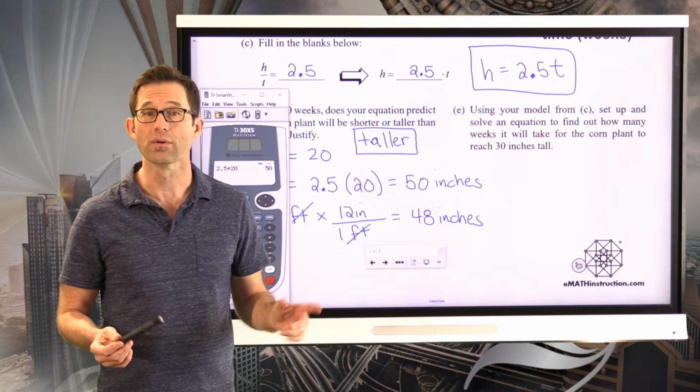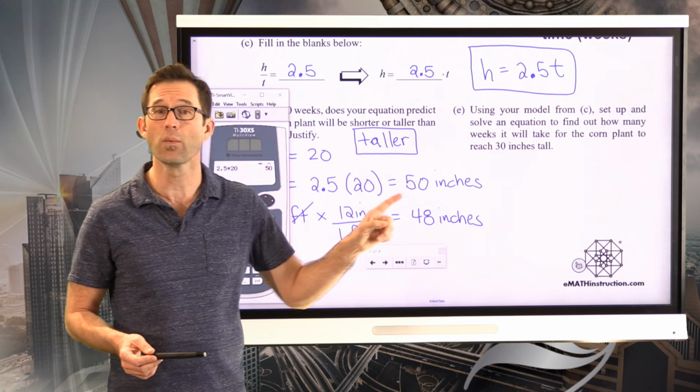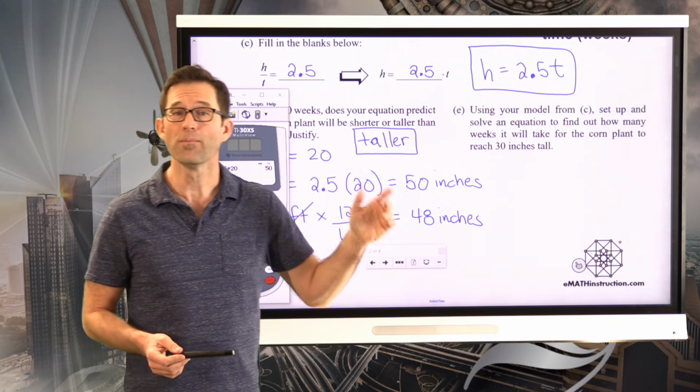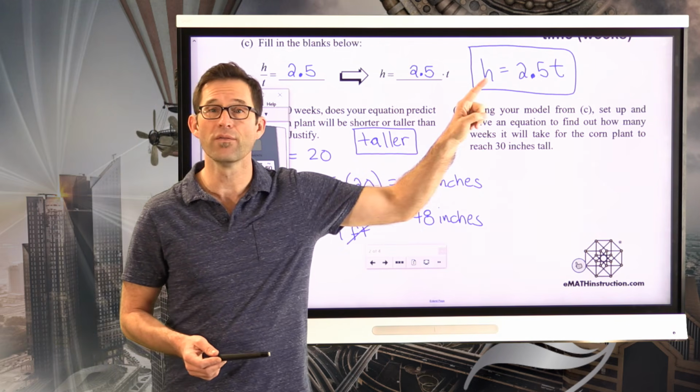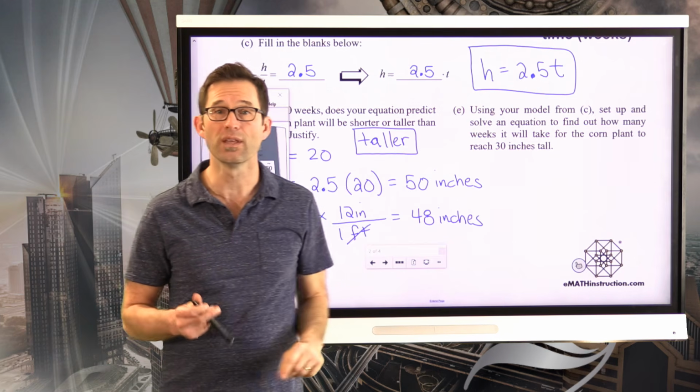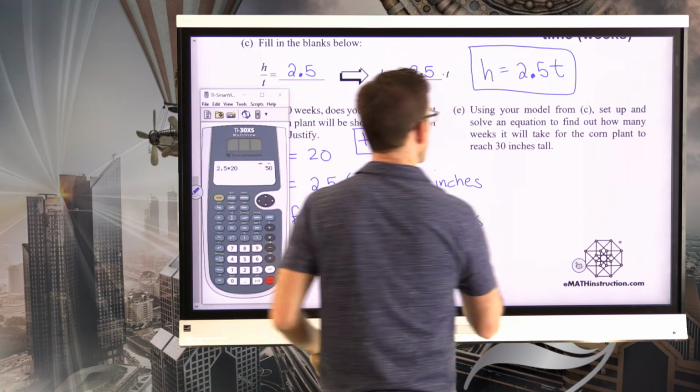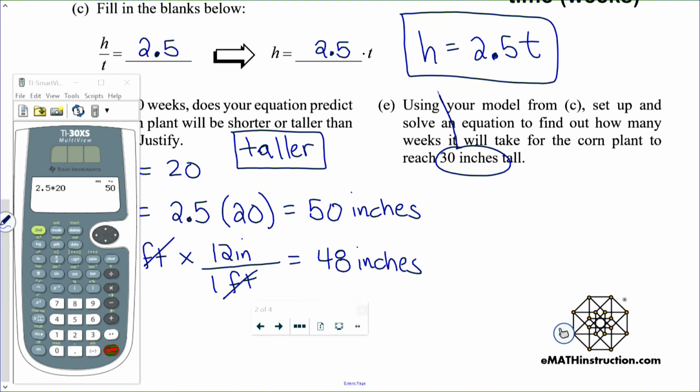Well, one thing I know for certain, it's going to be less than 20 weeks, because at 20 weeks it's 50 inches tall. Now, in this case, they gave me the value of h, but they want the value of t. So what I'm going to do is take my 30 inches, and substitute it in for my value of h. So I'm going to get 30 equals 2.5 times t.